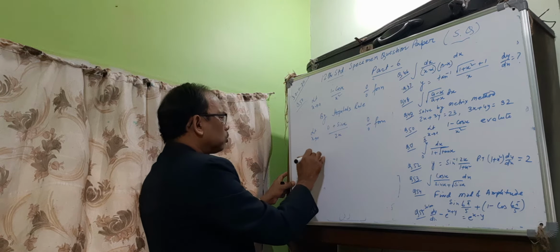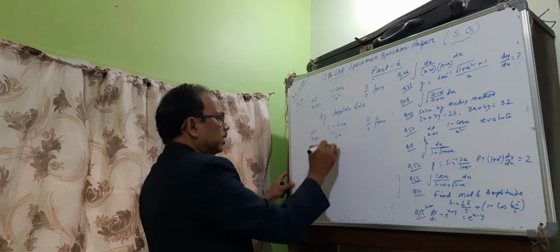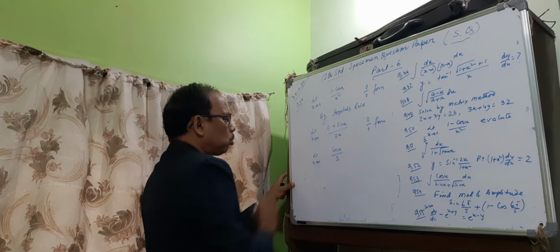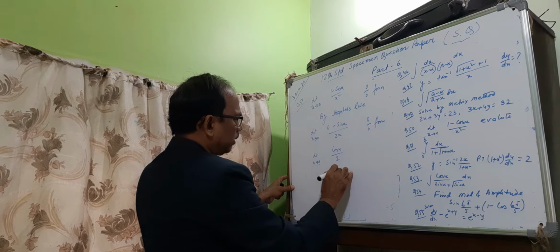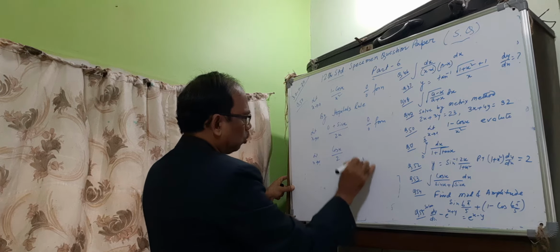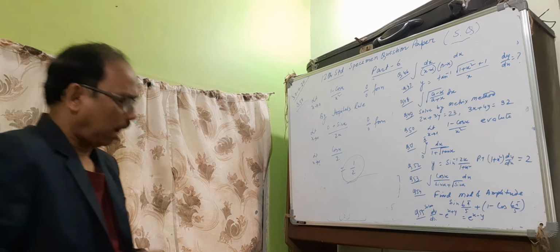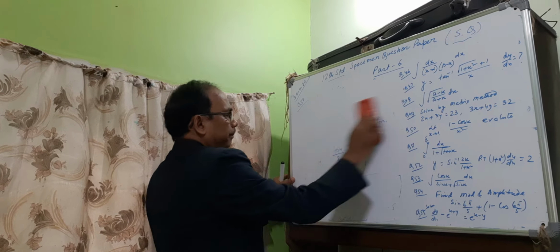By L'Hospital's rule again differentiate: sin x derivative is cos x, 2x derivative is 2. Now put the value, cos 0 is 1, so it equals 1 by 2. The value of this expression is half.